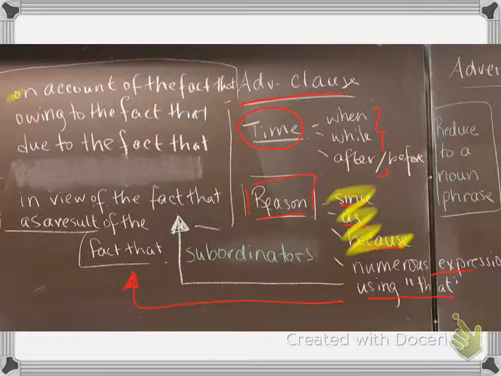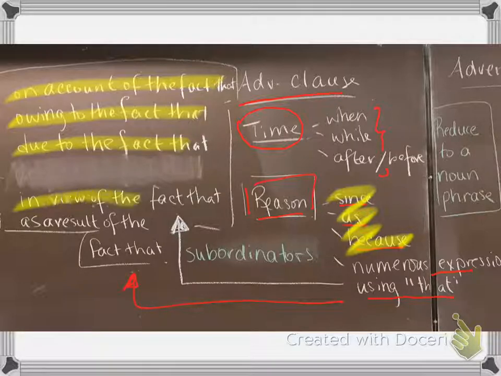Okay, so we've got on account of the fact that, owing to the fact that, due to the fact that, in view of the fact that. As a result of the fact that, I don't think really belongs here, because that one's more about sort of cause and effect or consequence.